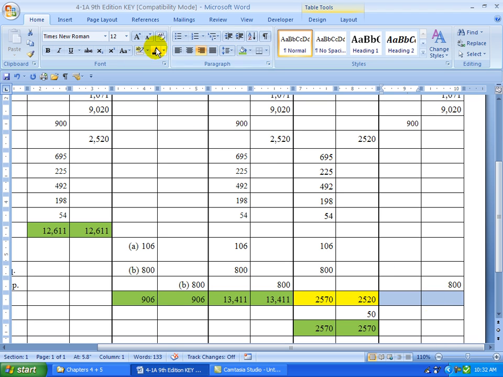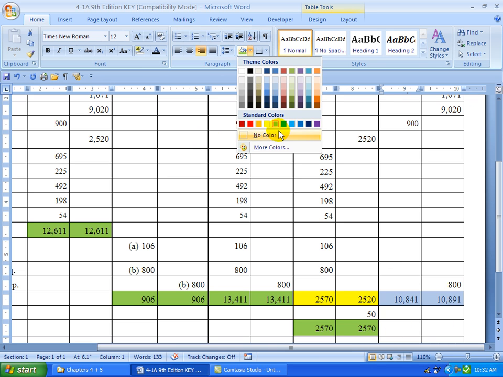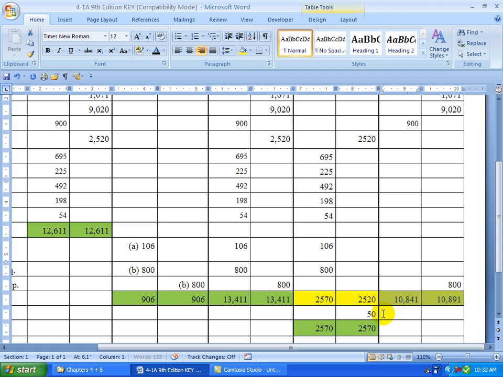When we run that total, they're supposed to be different, and the difference when you subtract these two numbers should be the same difference when you subtract these two numbers. The difference between these two numbers is 50. If you subtract these two numbers, the difference is going to be 50. $50 goes under the smaller of these two totals. This is a smaller, so $50 goes here.